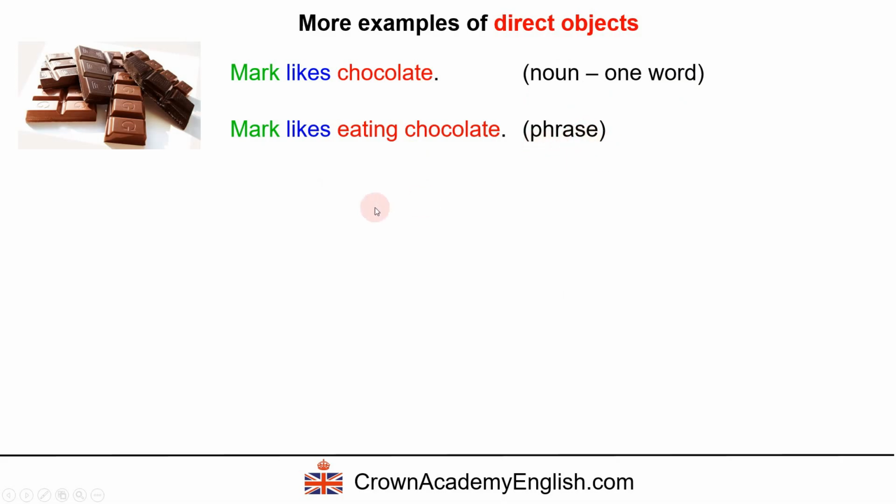It's a noun phrase, in fact. Here we have a verb, but it's acting like a noun. We call this a gerund, eating chocolate. Together this forms a direct object. What does Mark like? The answer, eating chocolate. So eating chocolate is the direct object.